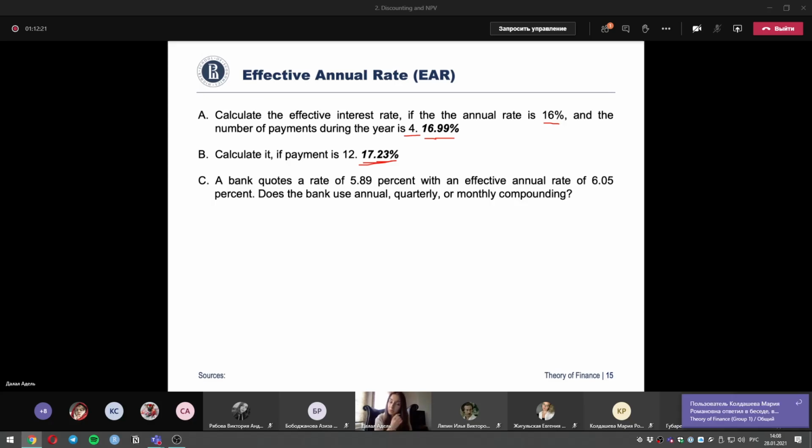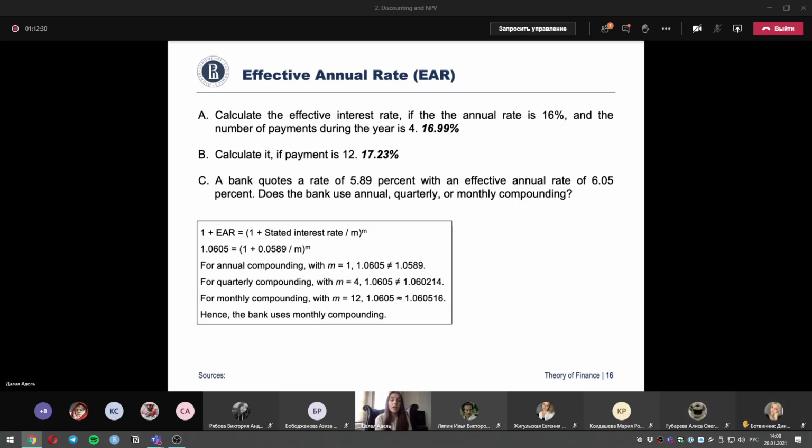So here, I would just explain then, you just need to build an equation basically and solve for the number of periods. So our 1 plus the effective interest rate, 1 plus 6.05%, is our stated interest rate divided by the number of periods plus 1, in the power of the number of periods. So we have here to solve for the number of periods.